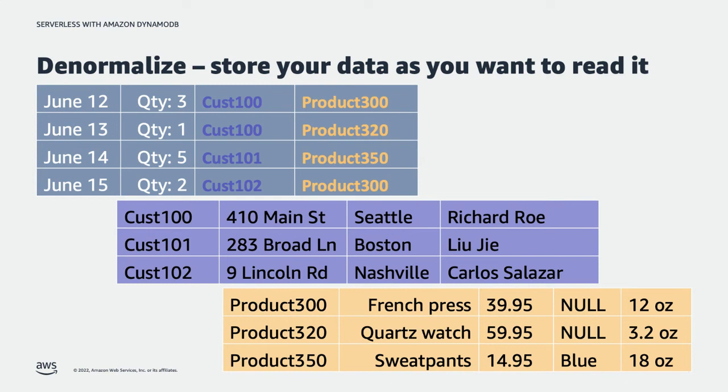There's a table which stores orders, another stores information about the customers, and a third stores merchandise details. So looking at the orders table, we can see that customer 100 made 2 orders, but we don't record customer 100's details twice. We can reference that information from the customer 100 record in the customers table. Same is true for product 300.